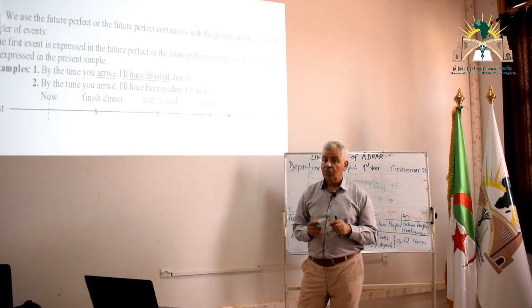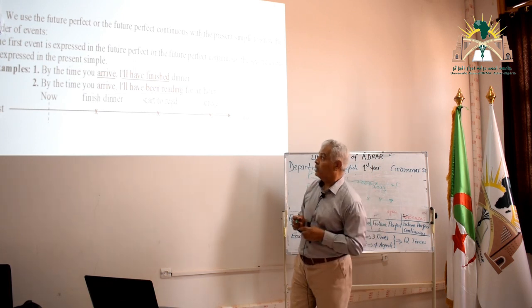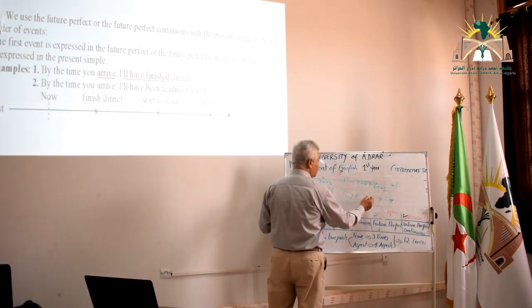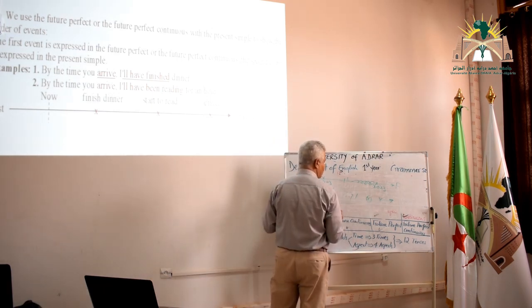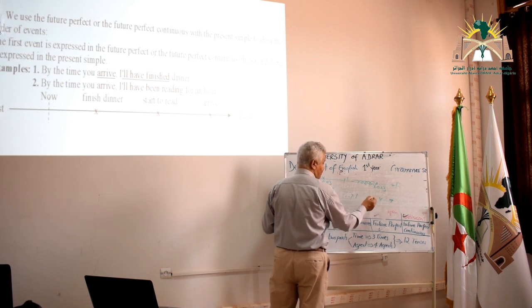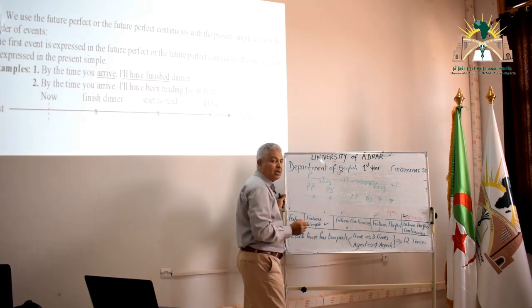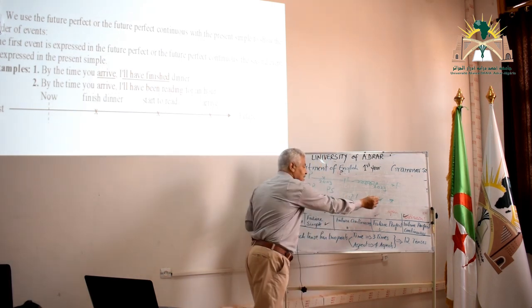It is important to know which one happened first, or will happen first, if we are talking about the future. So we use the future perfect or future perfect continuous for the action that will happen first, and the present simple or present continuous to express the action that will happen second.